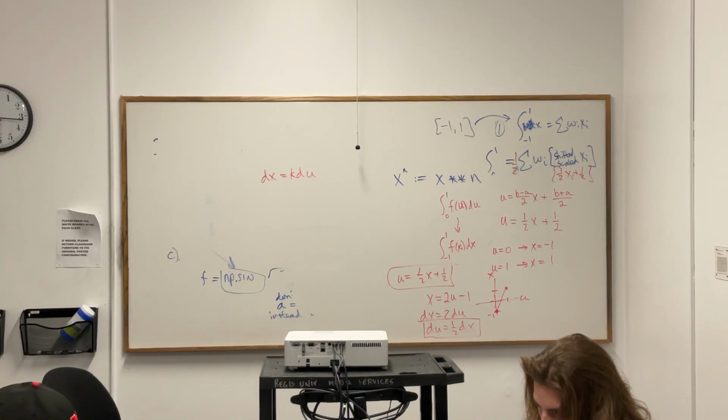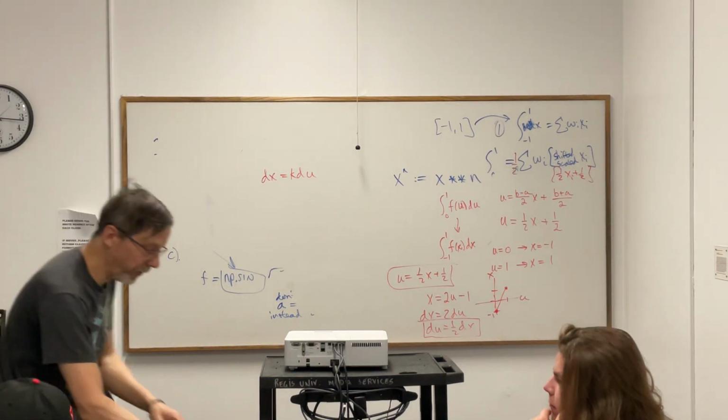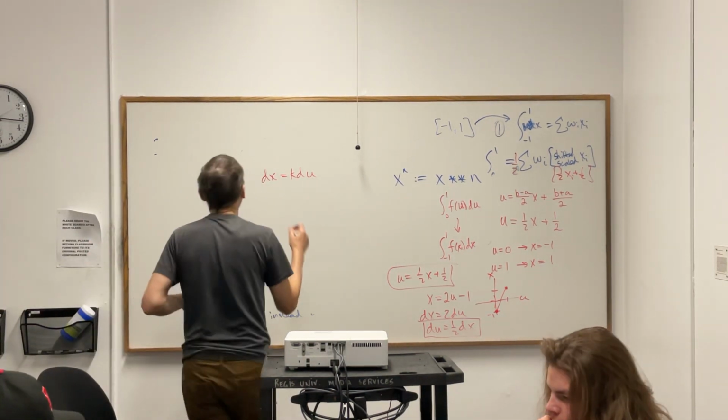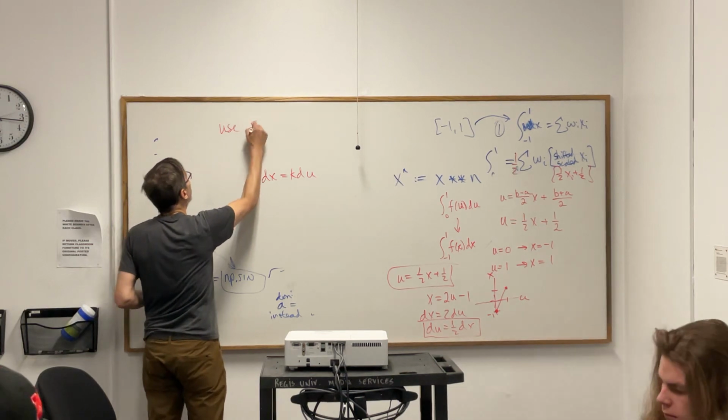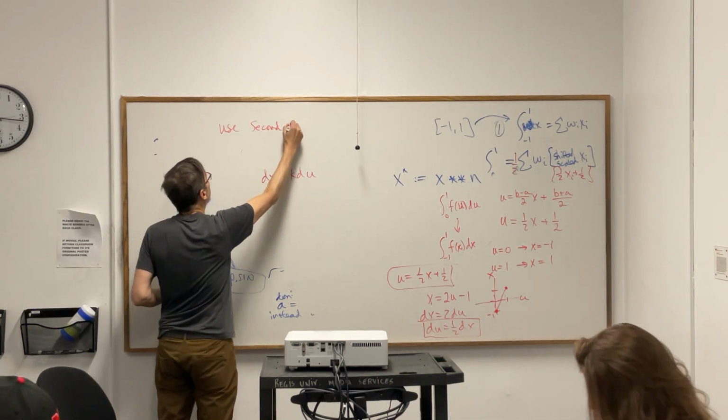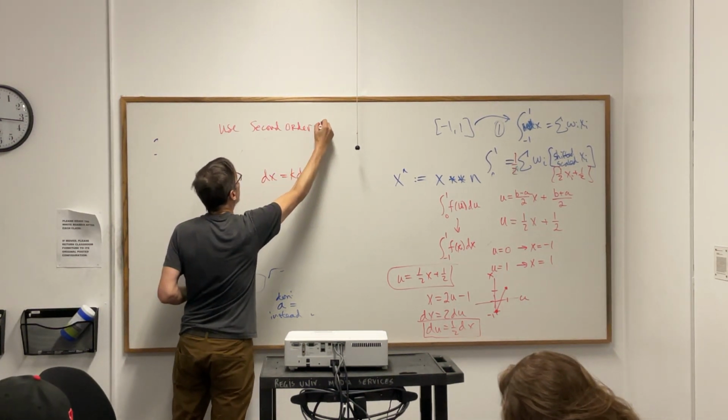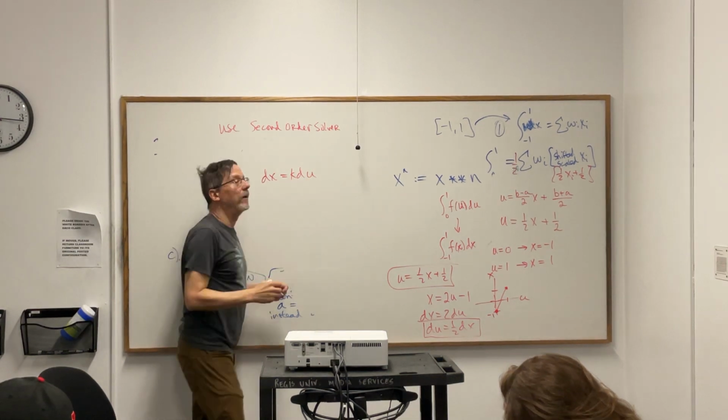Yes. For problems 3 and 4, please use the second order solver. That's the code you'll need. You don't use the RK method code. Second order solver for number 3 and 4. I'll put that on the board. That's the one with the damped oscillator in there already?